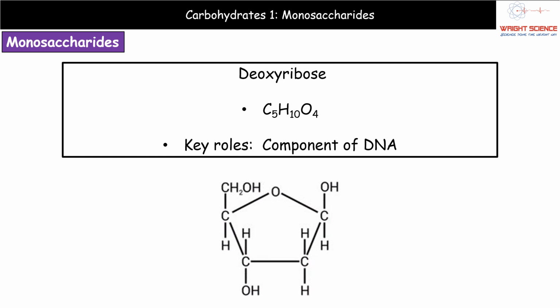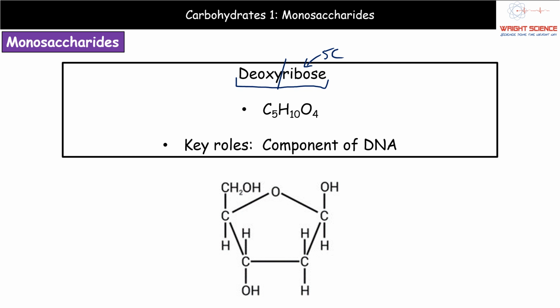We also have another 5-carbon sugar, deoxyribose. Now, deoxyribose is the DNA sugar. So ribose in RNA, deoxyribose in DNA. And if we just have a look at the name deoxyribose, well, if we break it into the 2 parts, we've got ribose, which tells us that that is a 5-carbon sugar molecule because we've got 'ose' at the end, so it's a sugar, and it's a 5-carbon because we're familiar with our ribose, hopefully.